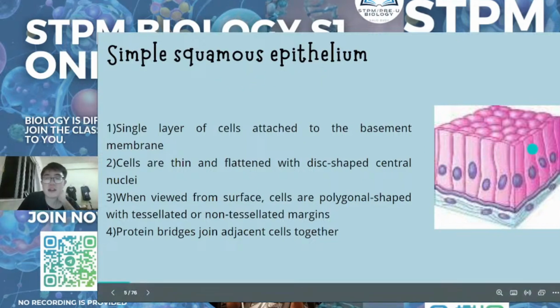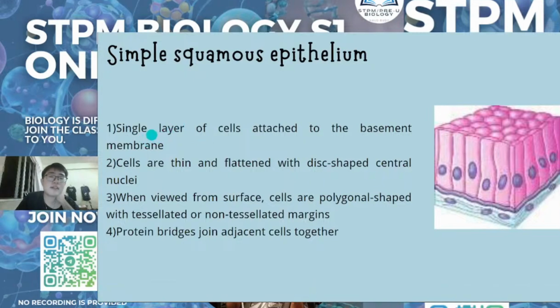This is the structure. It is only a single layer. Simple means only one layer, while stratified has more than one layer. It is a single layer of cells attached to the basement membrane.